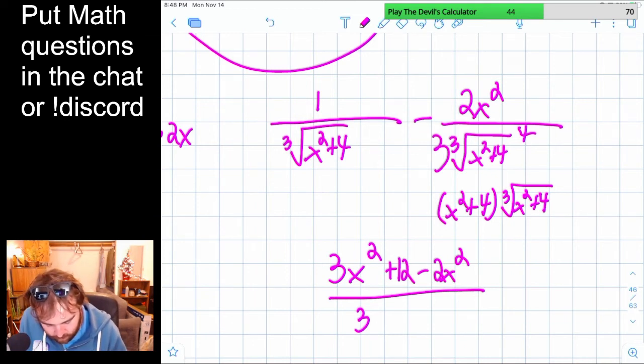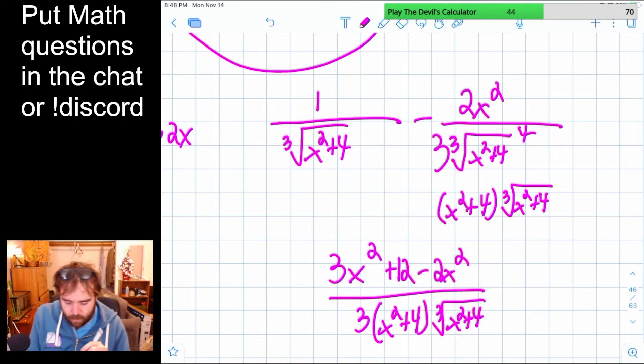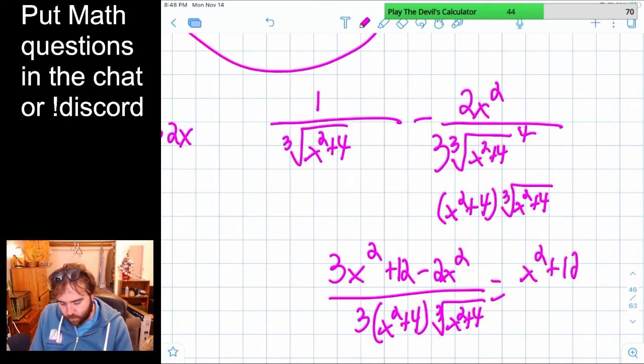And then on the bottom, what do we have on the bottom now? Oh gosh, that whole thing. X squared plus 4 times the cube root of x squared plus 4. So x squared plus 12.